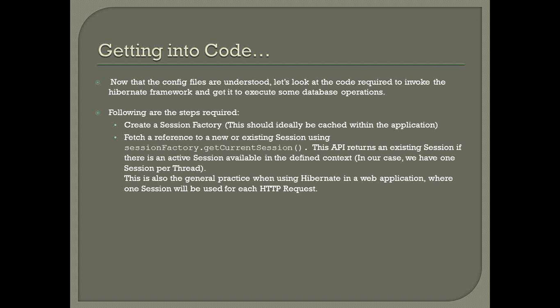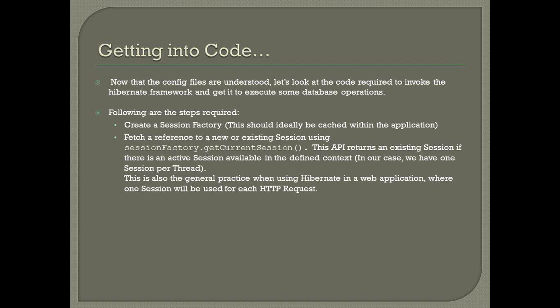Hibernate has provided a utility method called getCurrentSession. If there is an active session already available in the defined context, it will always return that session. If there is no active session, it will give you a new session.